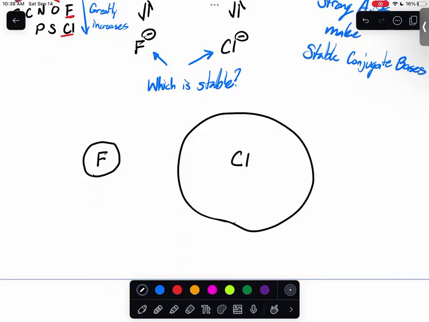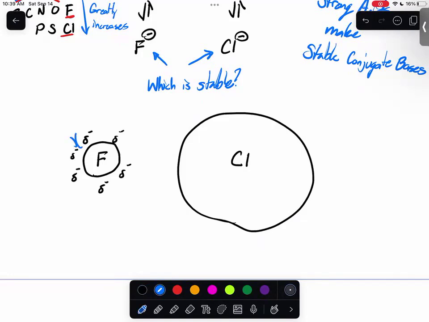So if we imagine it as being six partial charges, and that's just a random number we're making up here, but it's good for visuals, right? If we were to want to spread out six partial negative charges across this circle here on fluorine, we would space them out as equally as we could. And this is not a great equal distribution, but it's close enough. We can see that these negative charges are relatively close to one another, right?